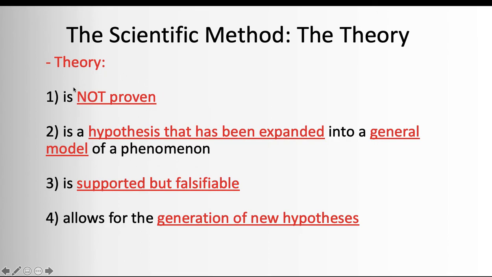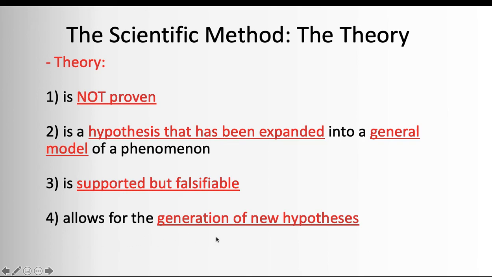But once again, it's not 100% proven, because all we need is one piece of new information to be uncovered that goes against the theory or disproves the theory, and that means that the theory has to be revised. So it is supported, but falsifiable. It is supported by experiments up to a certain point, but once again, it is not 100% proven, therefore it can be falsifiable.